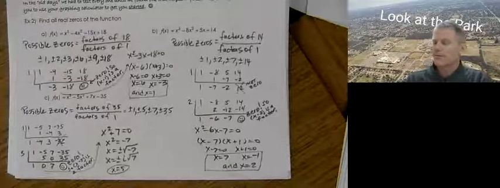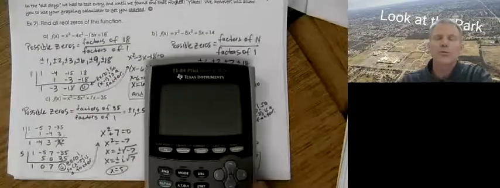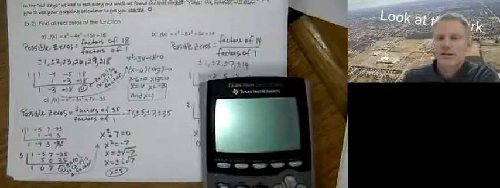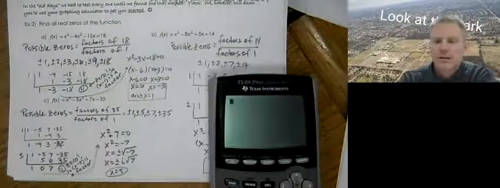We can support that. We can tell if this is the correct answer by plugging the numbers into the calculator.